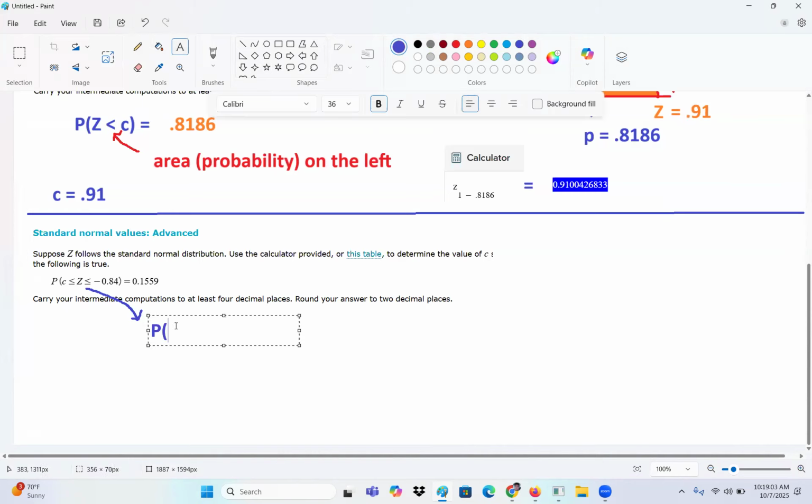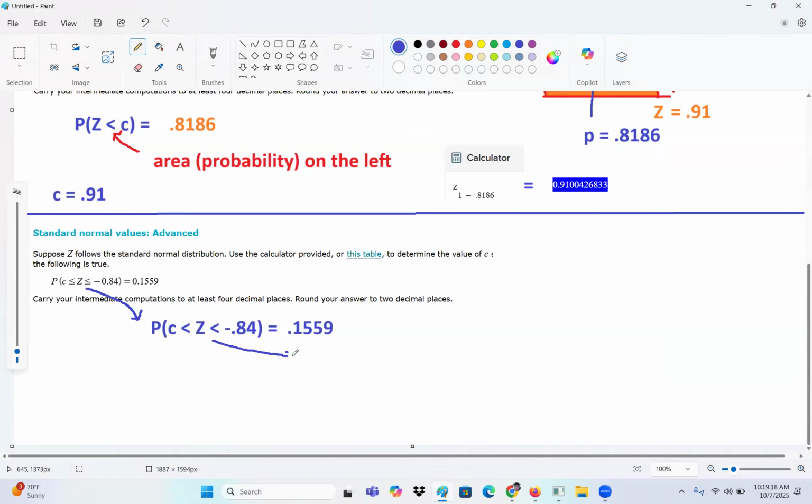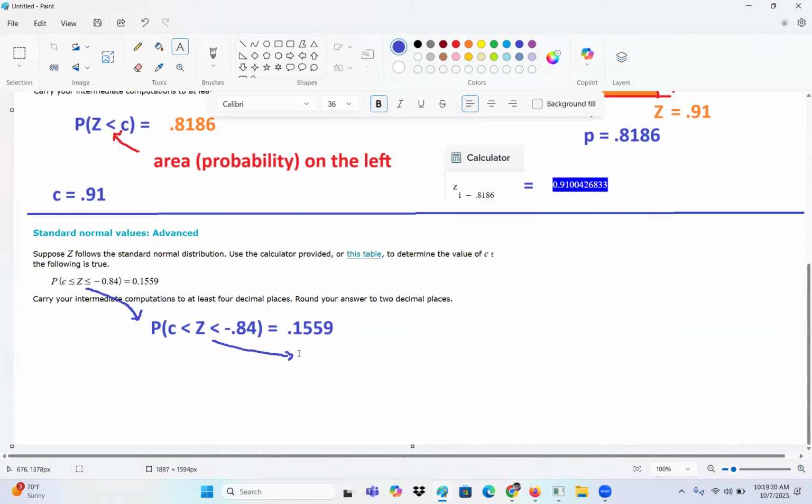So the probability of Z less than negative 0.84 is equal to 0.1559, right? So we can rewrite this in terms of the probability of a Z less than or equal to, it doesn't matter, because the probability at any specific point of the continuous model is equal to 0.